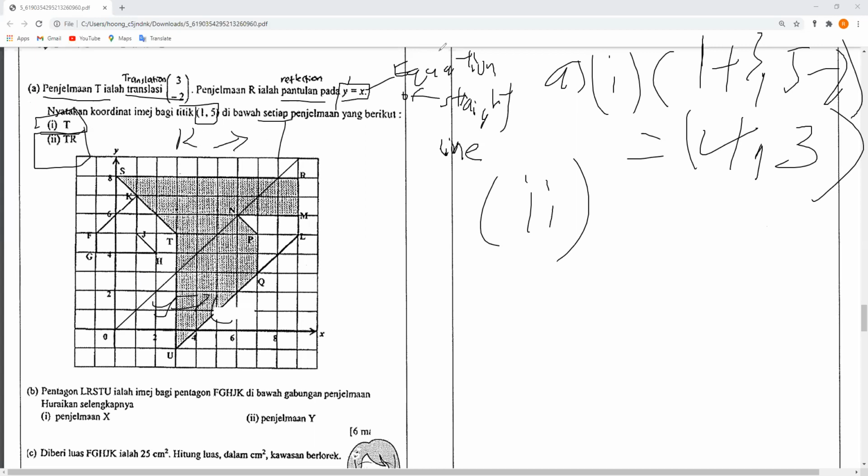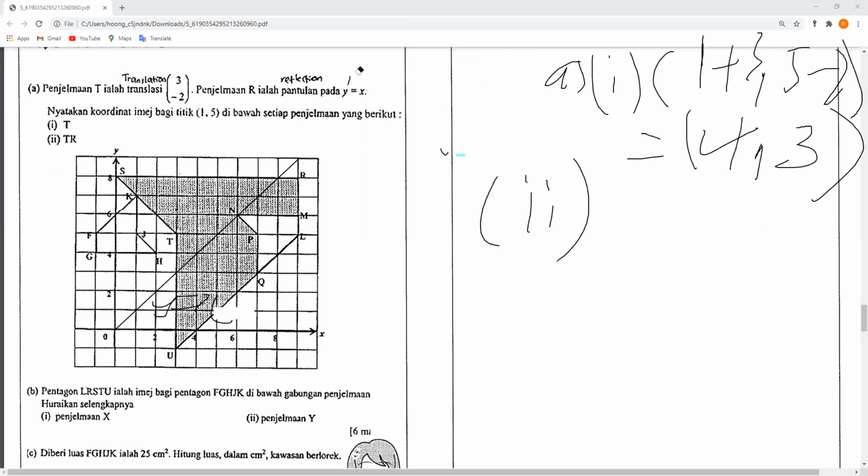Okay, so this time we need to draw the point R. 1, 5. So I erase some of the important things first. So we draw out the point first. Right here, okay, 1, 5.